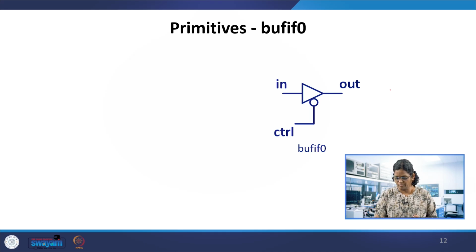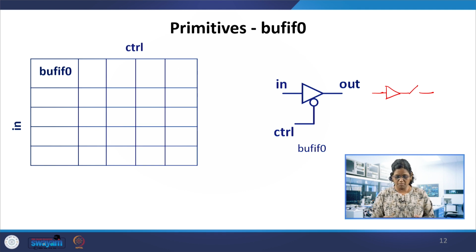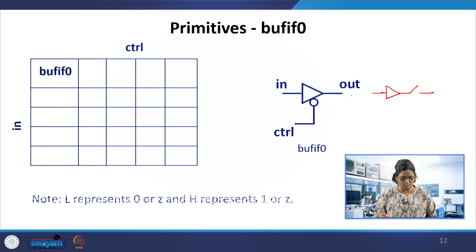Considering this as a buffer which has a switch, the switch will be opened or closed depending on the control signal. So if the control signal is 0, it will be closed, and if it is 1, it will be open. So the truth table for this bufif0: if 0, this input is passed to the output.